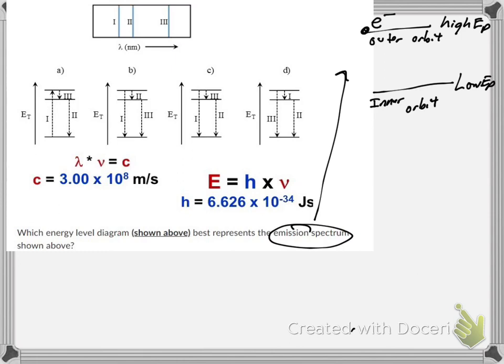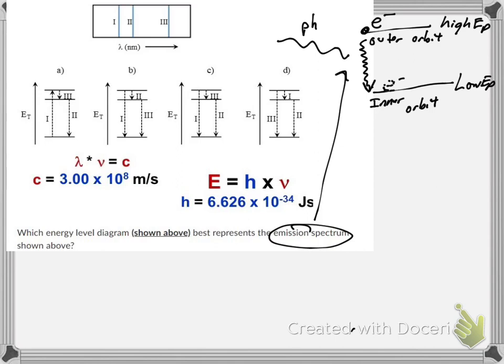There's our electron, and it's going from this outer orbit at high potential energy and low kinetic energy, and it's coming down, right? It's radiating down, and so all emission spectra energy diagrams must be pointing down. Okay, so that's the key.